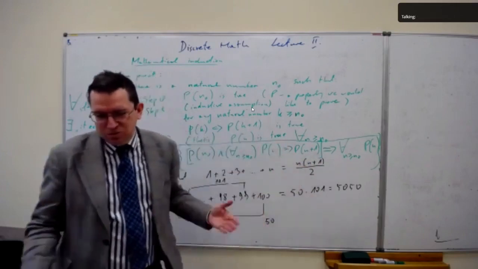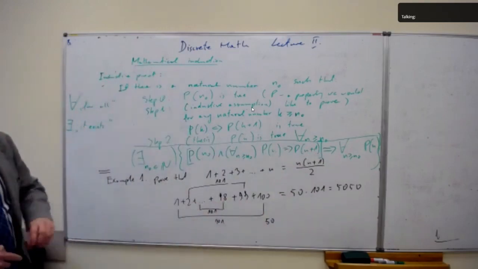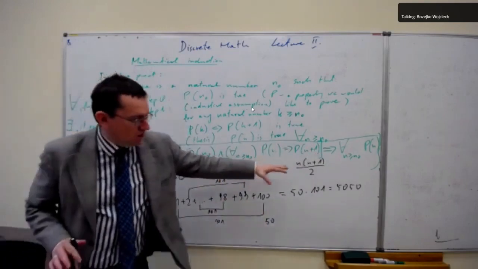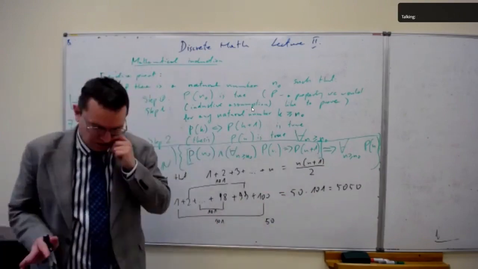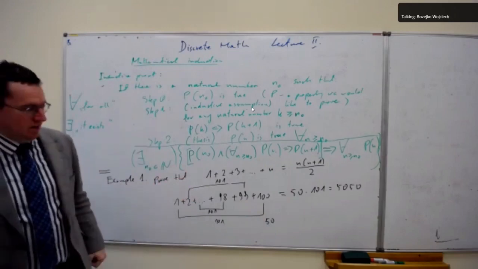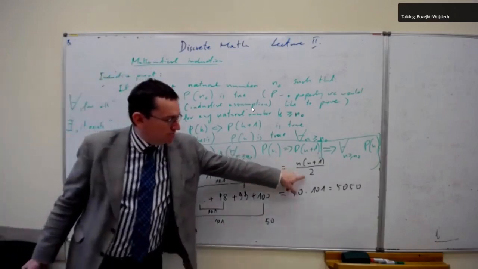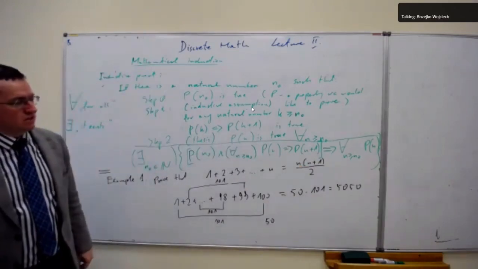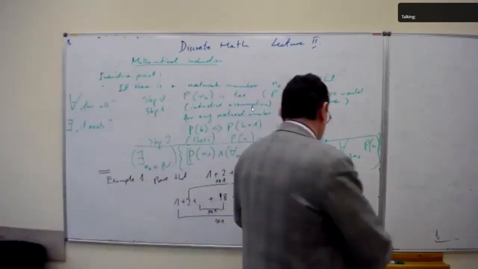So every time this will be a natural number, but this is just a trick. We'll show this equation formally using mathematical induction, but it is easy to see that it works. Yes, this is n divided by 2 times the sum of the first and the last element, so it works.